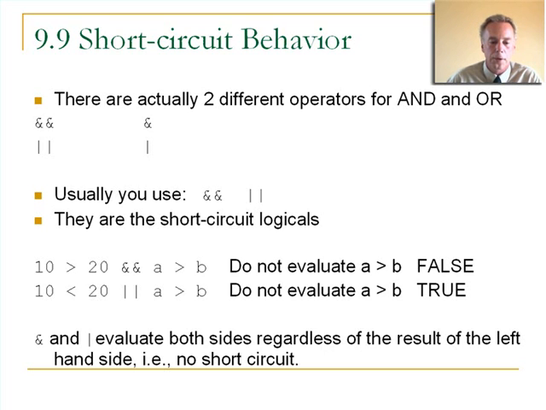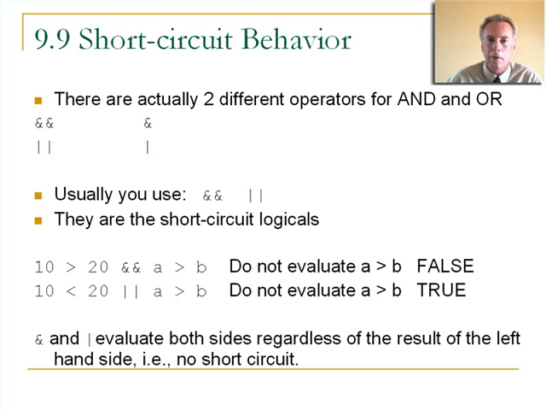In this expression, 10 is greater than 20 and A is greater than B. Let's evaluate the left-hand side first. 10 is greater than 20. That's false. And now we have false and anything. It doesn't matter what's on the right, because false on the left of an AND means that we know this whole expression will be false.